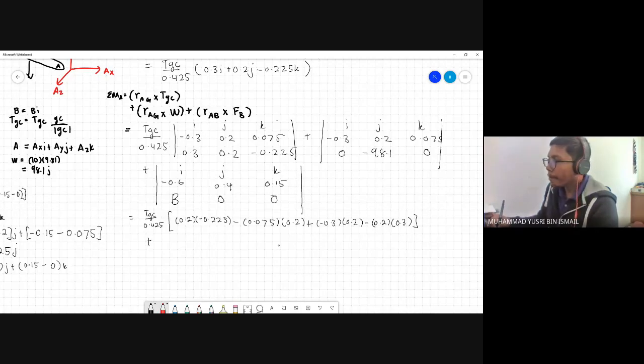this part, I will make it blue so that to avoid any confusion.